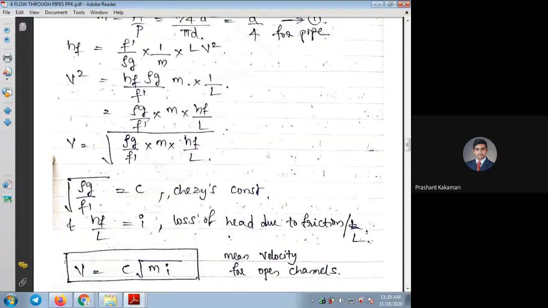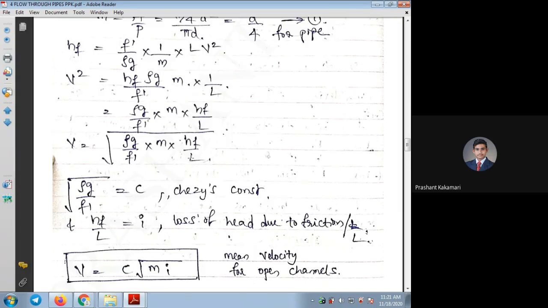He grouped rho g by f dash as c, Chase's constant. And hf by L, where hf is the head loss due to friction and L is the length of pipe, he renamed as i. That is the loss of head due to friction per unit length, or the ratio of head loss due to friction to the length of the pipe.